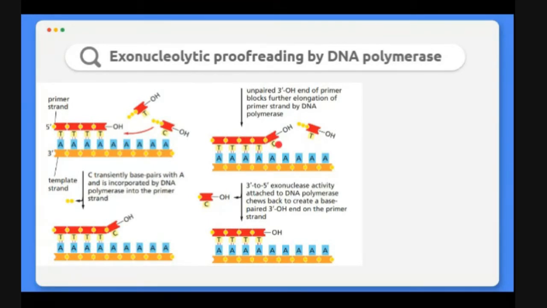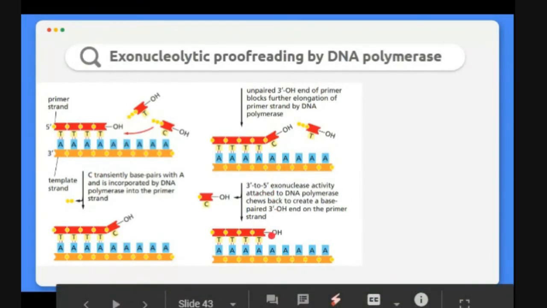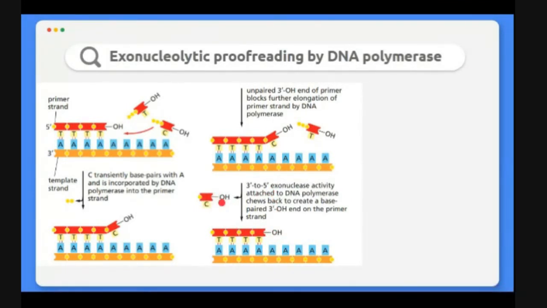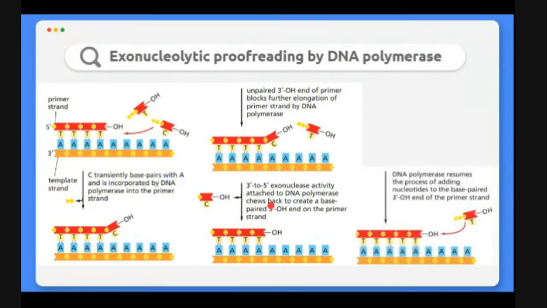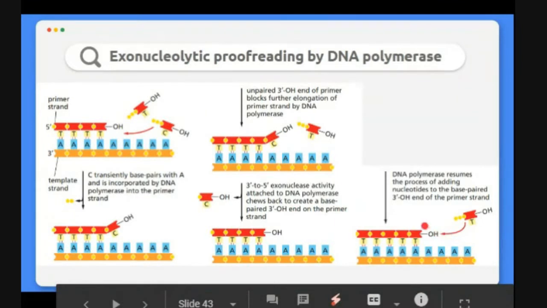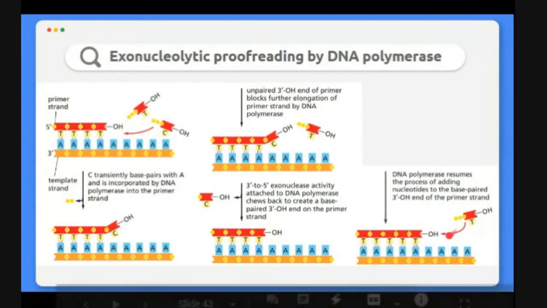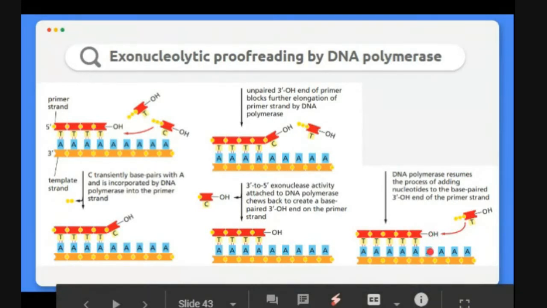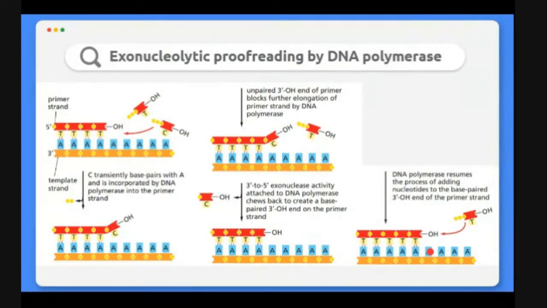Now, yung DNA polymerase mo, meron siyang exonuclease activity which basically it removes the wrong DNA base, the wrong nucleotide. And so, now, since the wrong nucleotide is removed, your DNA polymerase can now proceed to add the right nucleotide base. And in this case, it is thymine. Okay?